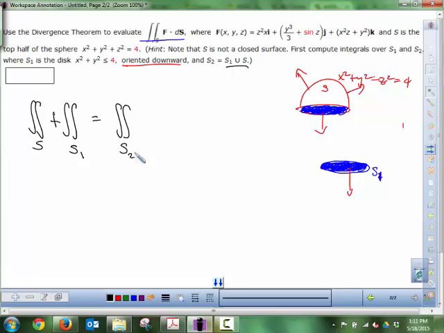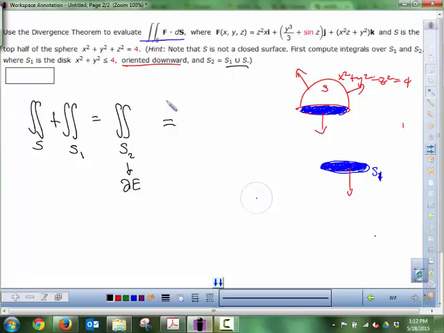So this is the flux of this new surface that is now a closed surface. Once we close it, it becomes a boundary of the solid hemisphere that we'll call E.